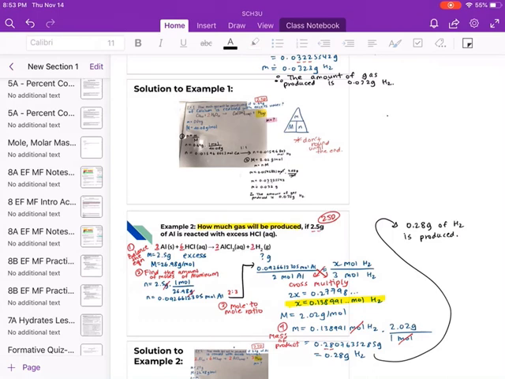Once we got 0.138991 moles for H2, we used the molar mass 2.02 grams per mole, and again we set up a mole train so that we could do 0.138991 mole, and the moles are going to be on the bottom so that those can be canceled out, and so that you get the final amount of hydrogen gas at the end, and so you get 0.28 grams of H2 is produced.